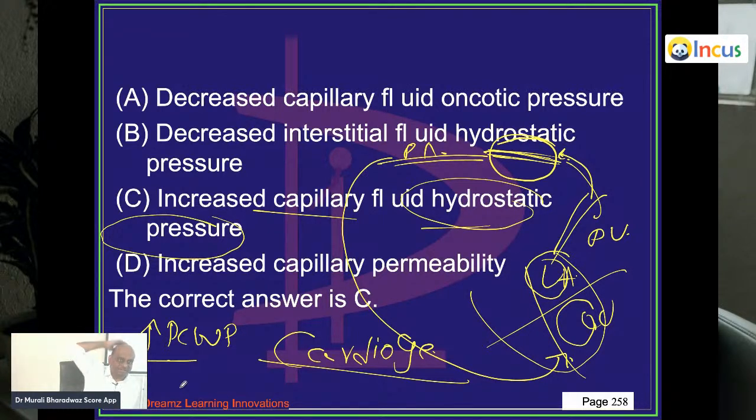What is that condition? Okay, I'll give a clue. If you have sepsis, you can get that. If you do a lot of transfusions, you will get that condition. Four-lettered acronym. A, R, D.